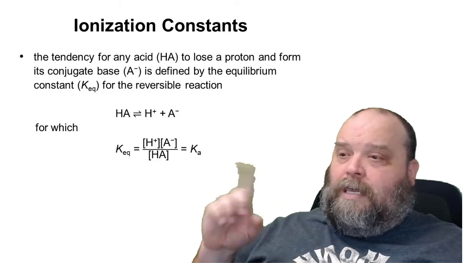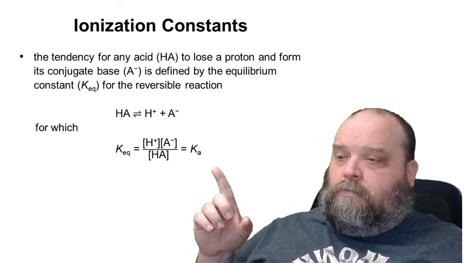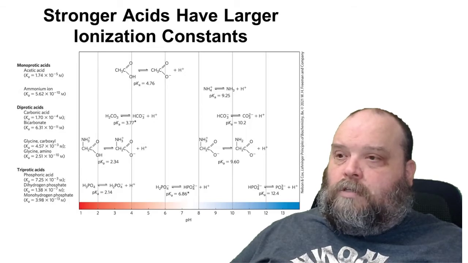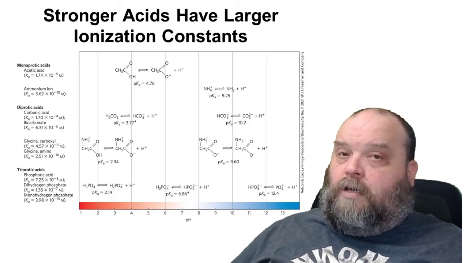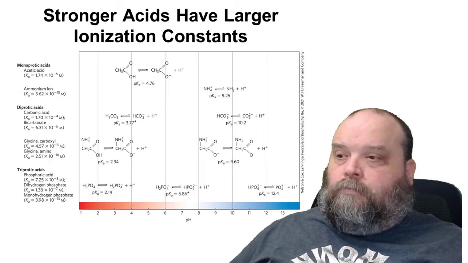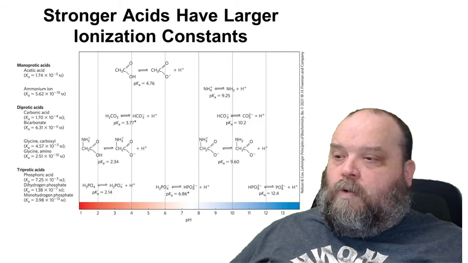So when you look at here again, HA, acetic acid, dissociates, gets the free hydrogen ion. Same with ammonium. Same with, and it just keeps going on.